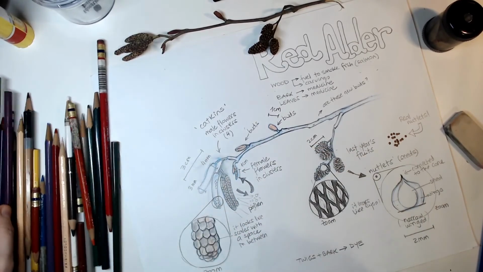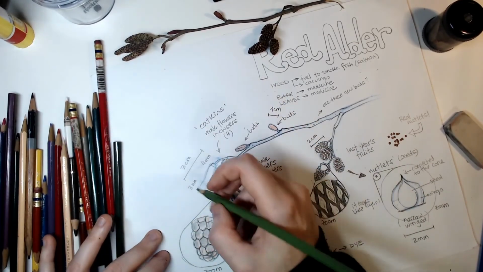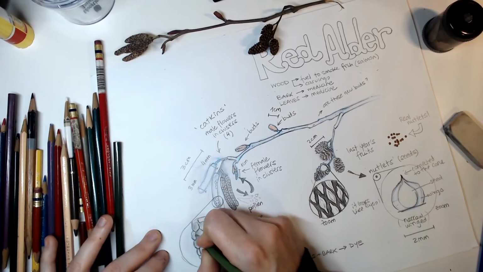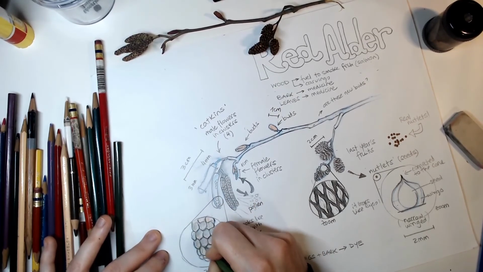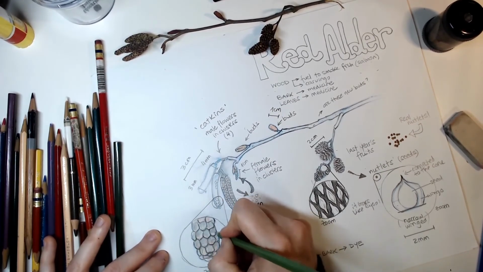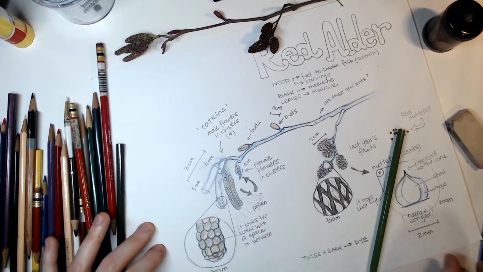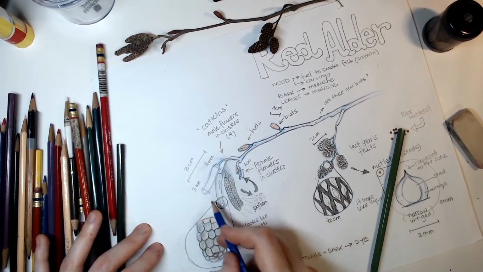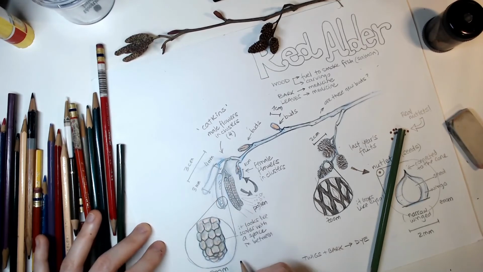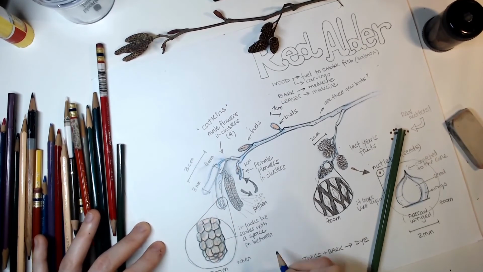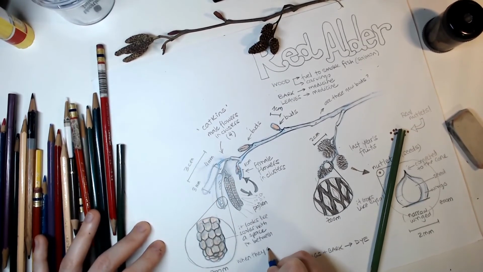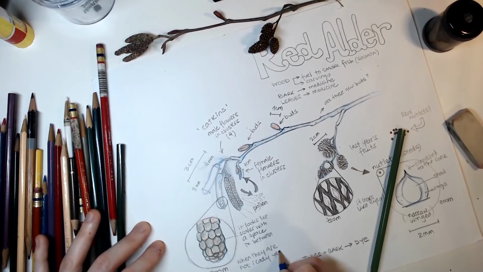Then I see there's some tiny hints of green when I look closer. One thing I noticed is that the male flowers, when they are immature, when they are not ready yet, they are green. I saw some.